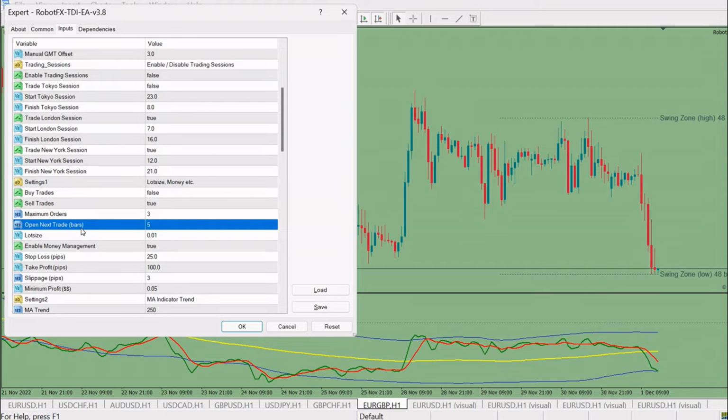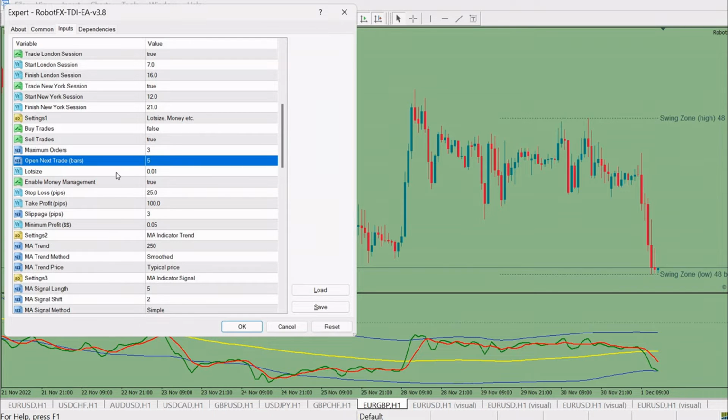And by setting the open next trade, which is in bars or candles, to 5, basically it means that the expert advisor will open a next trade whenever there is a trading signal, only if the distance between that signal and the previously open trade is at least 5 candles, 5 bars. Basically, we don't want the expert advisor to open too many trades in too short a period of time.